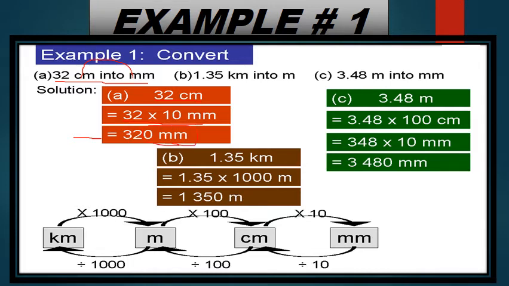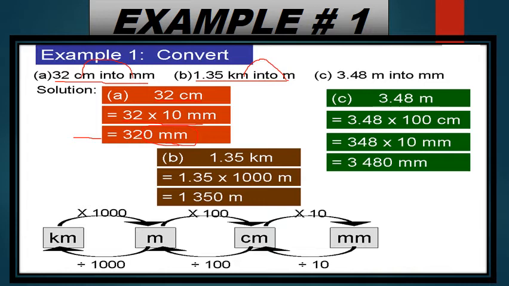In part B, we have 1.35 kilometer into meter. We are converting kilometer to meter. Again, we are converting bigger unit to a smaller unit. So when we convert a bigger unit to a smaller unit, we will do multiplication. We multiply it by 1000. Why do we multiply it by 1000?